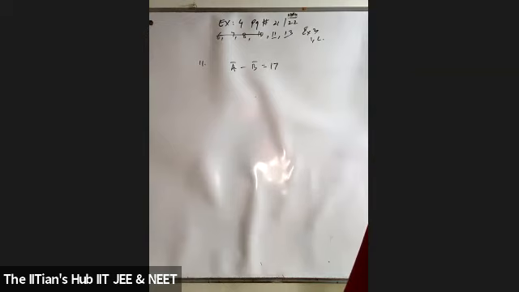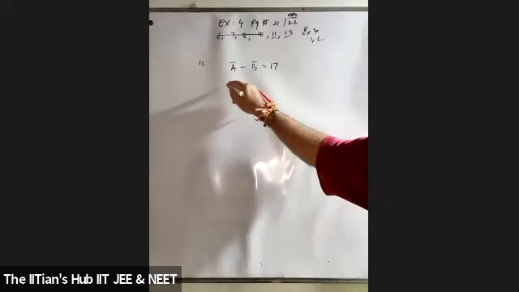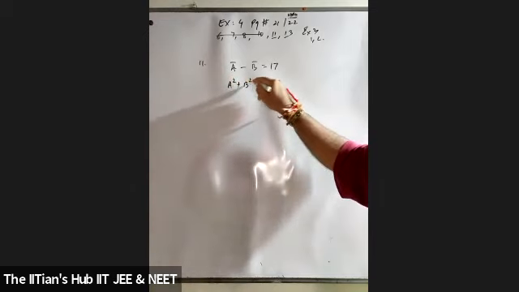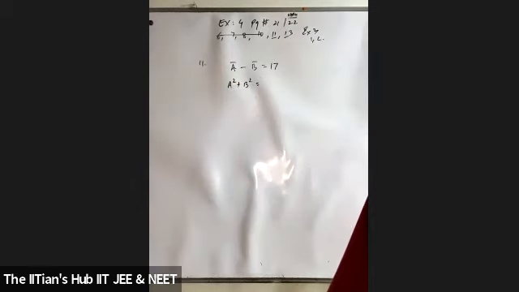Sir, for right angles, we will use A square plus B square plus 2AB cos theta. Okay, so if they are at right angle in that case, A square plus B square आ जाएगा, students? है ना? Yes, sir.